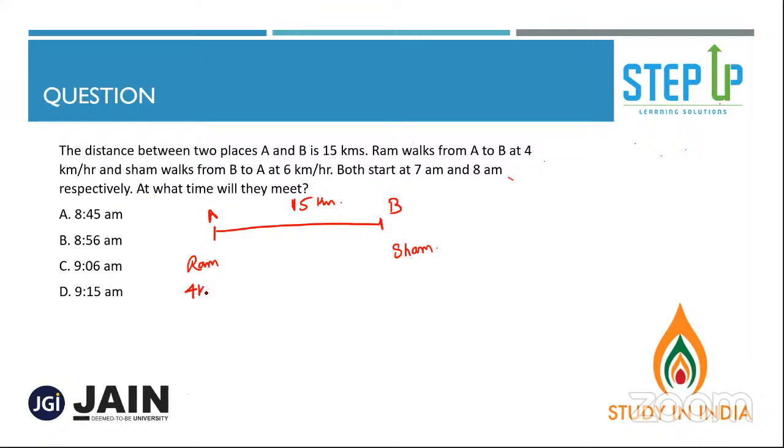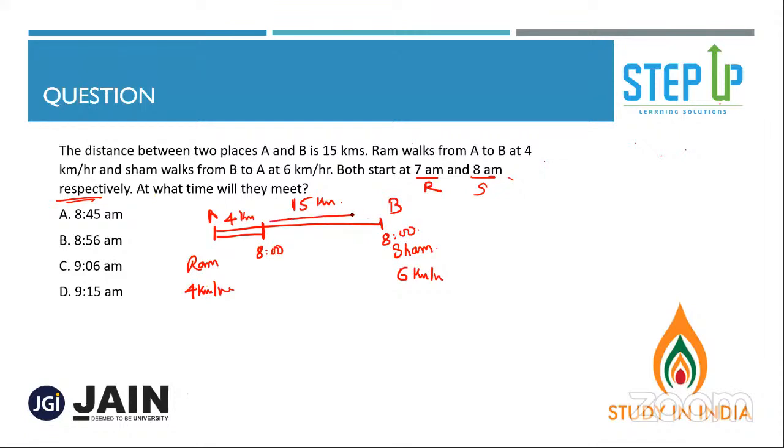Ram's speed is 4 kilometer per hour and Sham's speed is 6 kilometer per hour. Now both start at 7 and 8 respectively. So Ram started at 7, which means till 8 o'clock he would have covered 4 kilometer. Now at 8 o'clock, even Sham is starting.